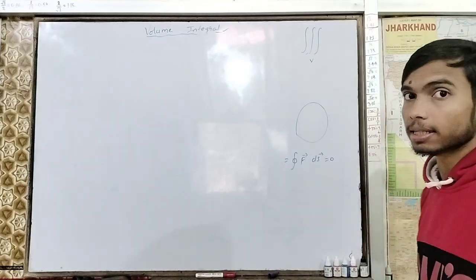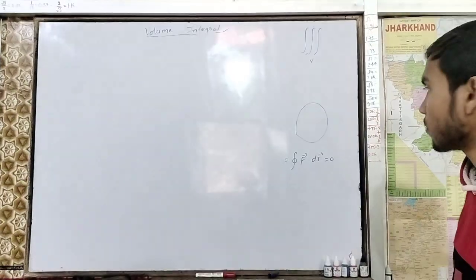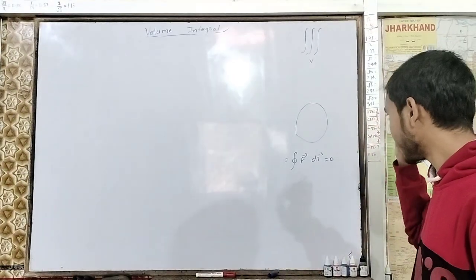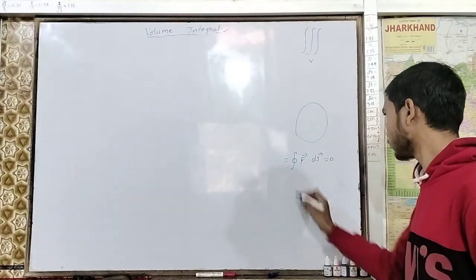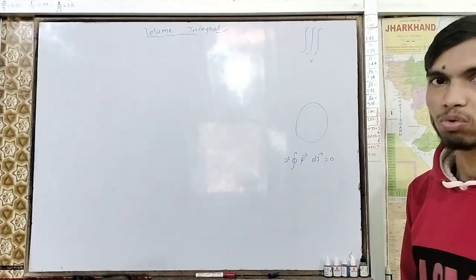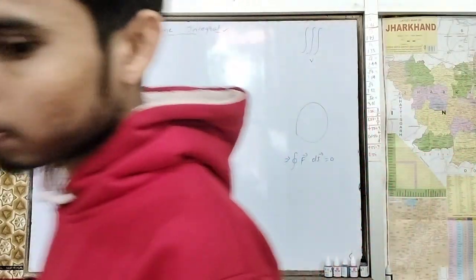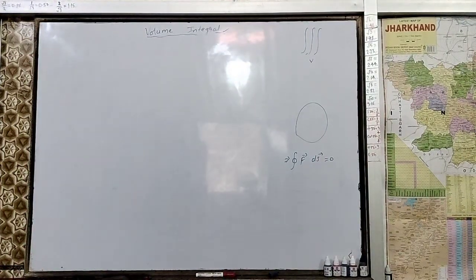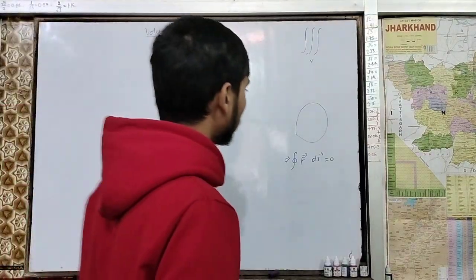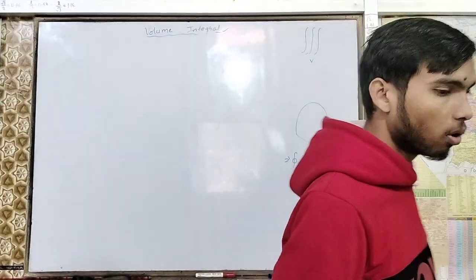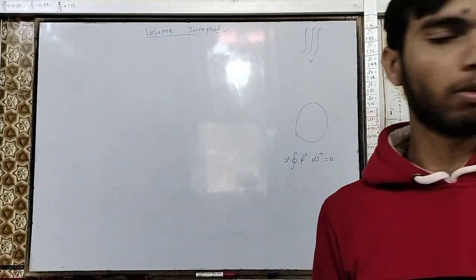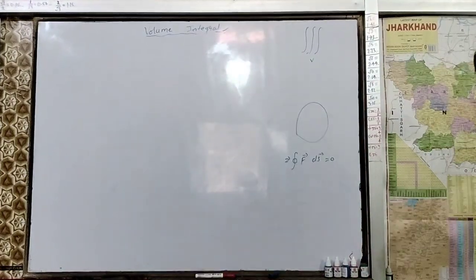The reason is that the initial and final points are at the same location, at the same point. That's why the integration of the vector field dot a small element of length will be equal to 0.